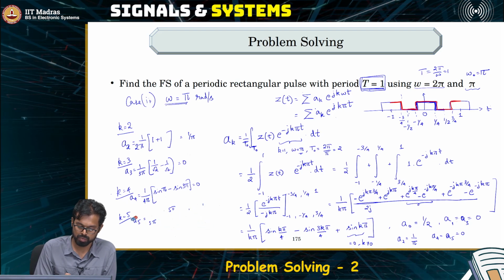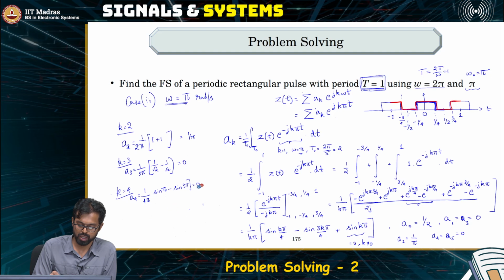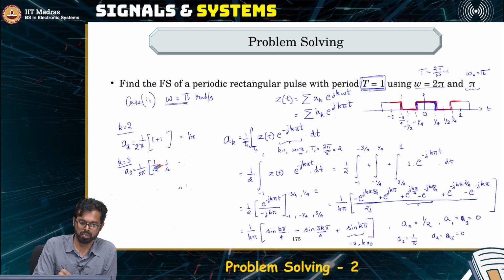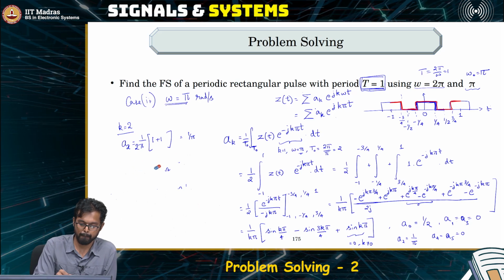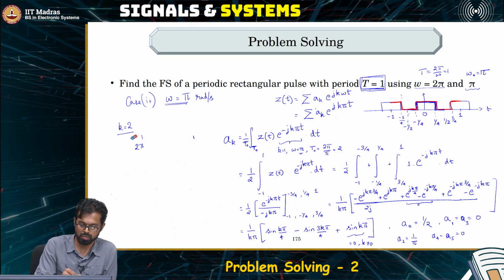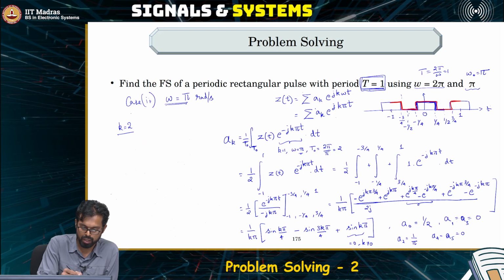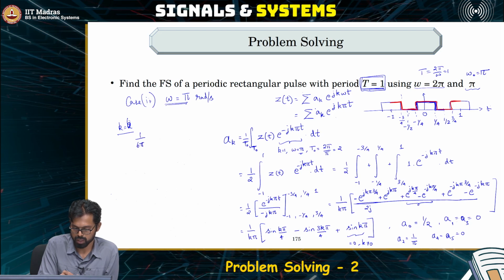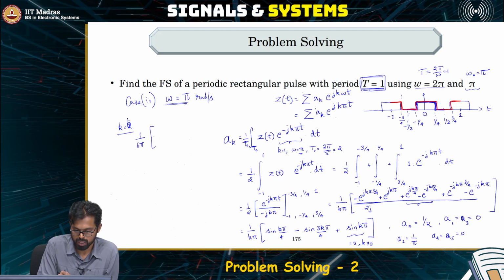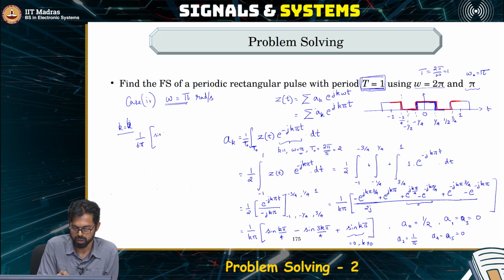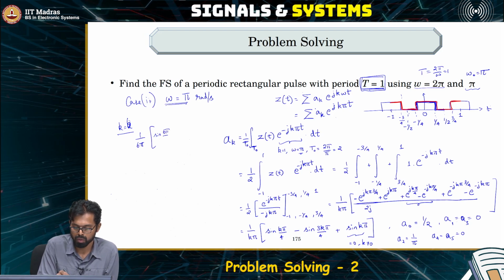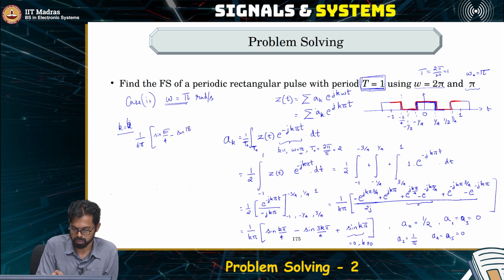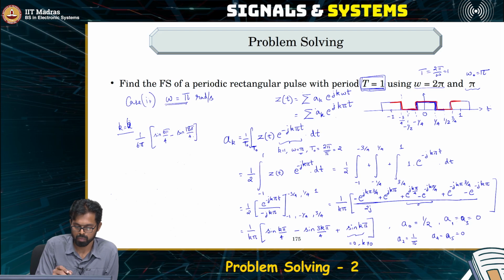And what do we get when k is equal to 6? So when k is equal to 6, we have 1 by 6 pi sine 6 pi by 4 minus sine 18 pi by 4. So what is this?